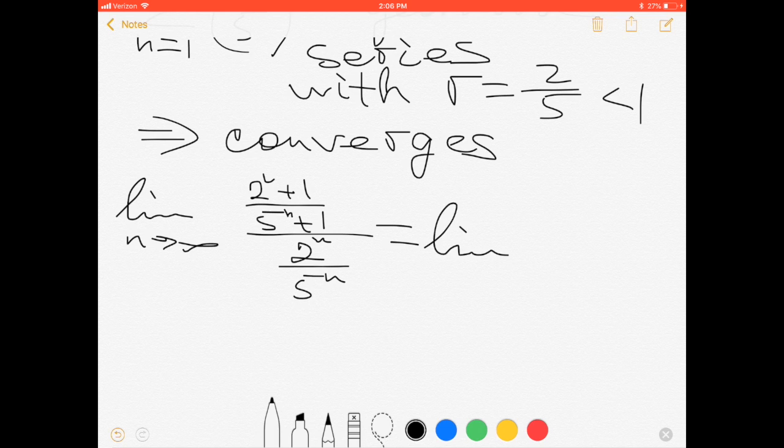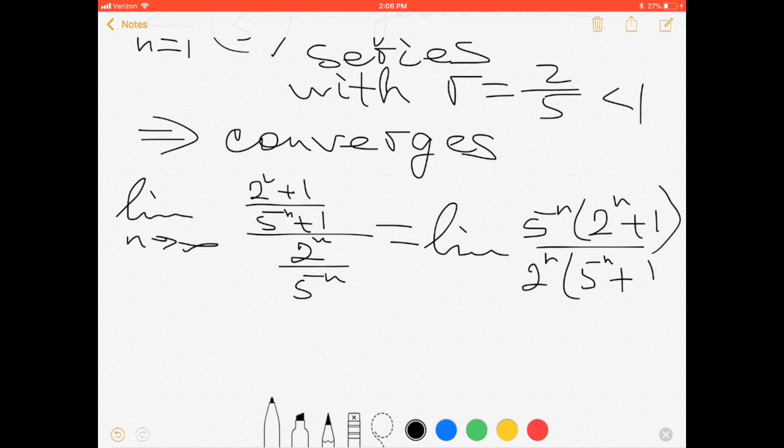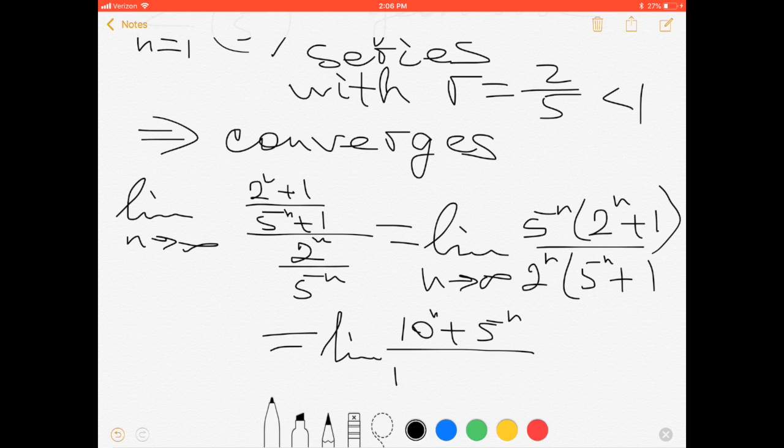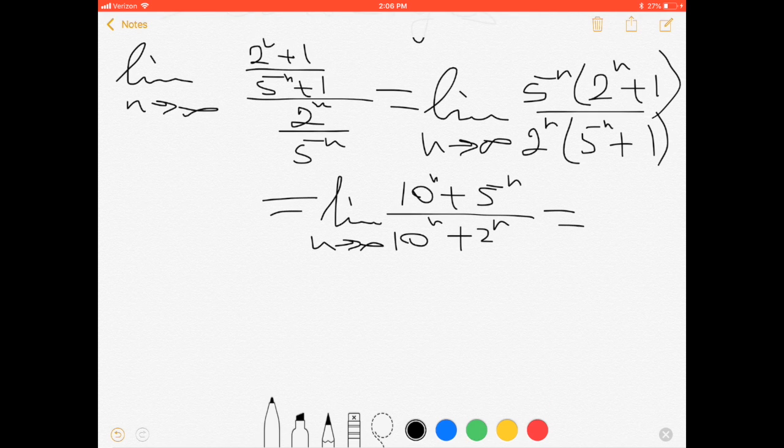Right, normally we have 5 power n plus 1, and n approaches infinity, and this limit will be 10 power n, 5 power n over 10 power n plus 2 power n, divided by 10 power n, and you have 1.